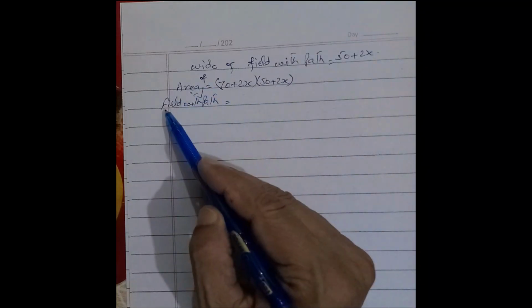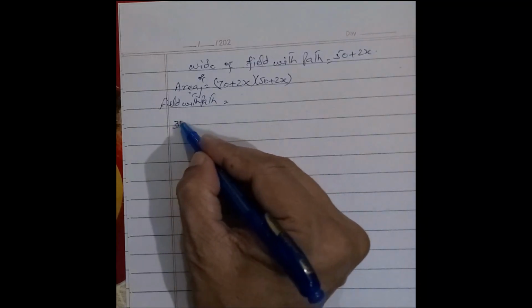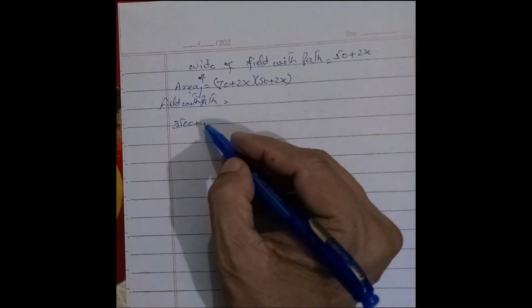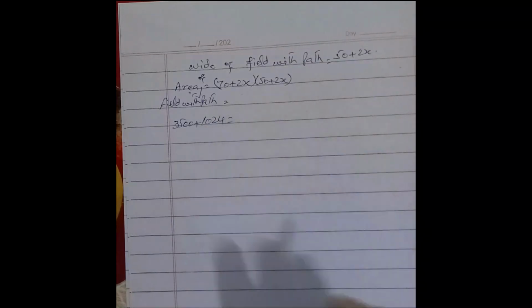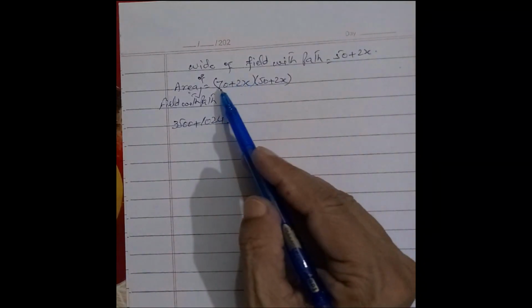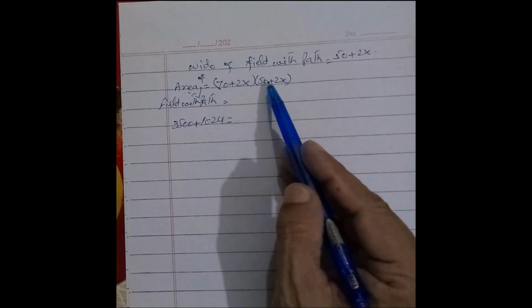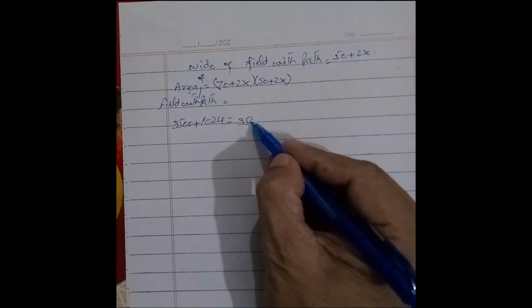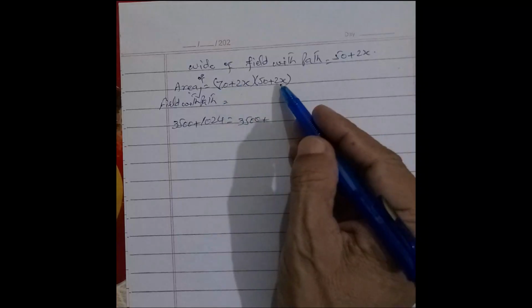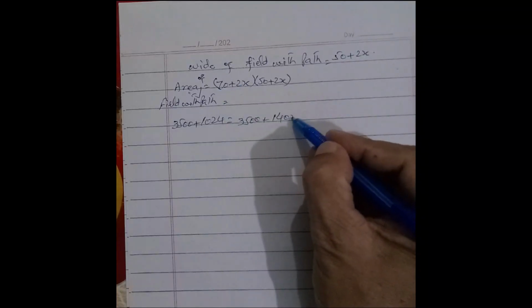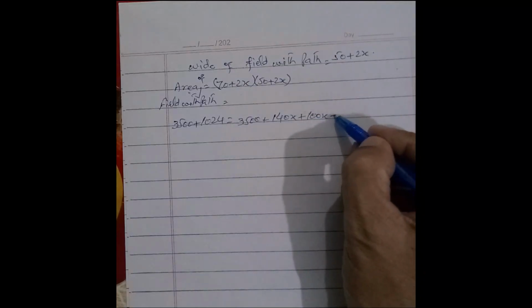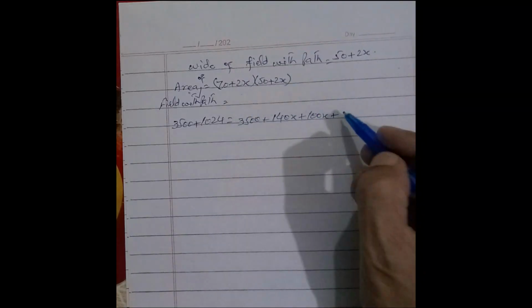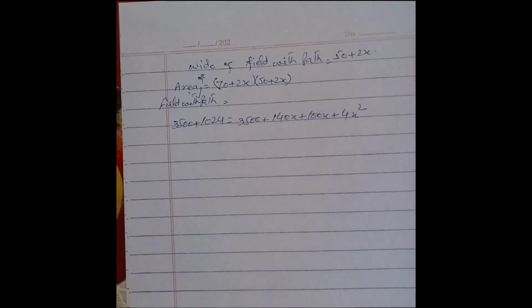And we know that the area of field is 3500 and area of path is 1024. So first we multiply these two values. 70 multiplied by 50 is equal to 3500, plus 70 multiplied by 2x is equal to 140x, plus 2x multiplied by 50 is equal to 100x, plus 2x multiplied by 2x is equal to 4x square.